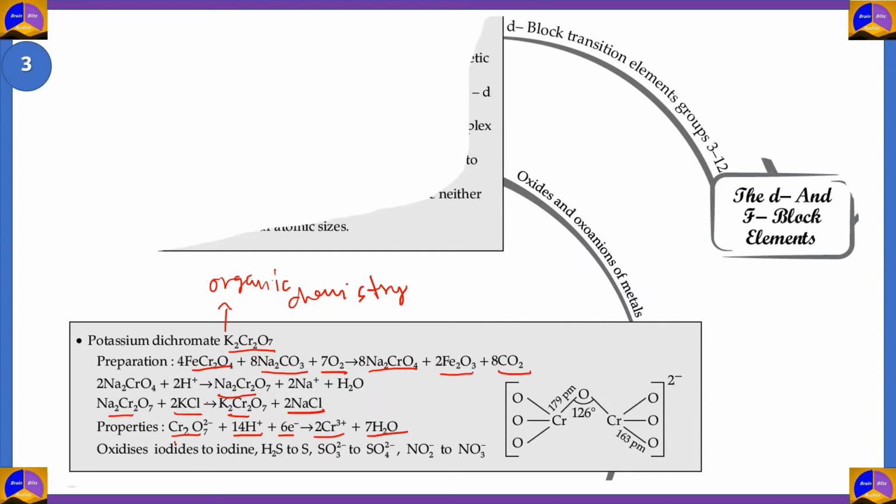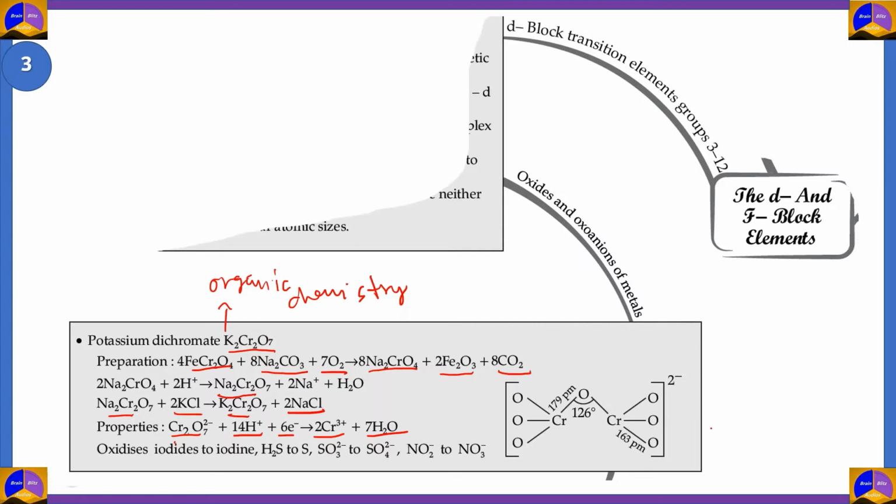That's why this is a strong oxidizing agent. It gets reduced. Now, the oxidizing power of dichromate ions is so great that it can oxidize iodides to iodine, hydrogen sulfide to sulfur, SO3 2- to SO4 2-, and NO2- to NO3-.